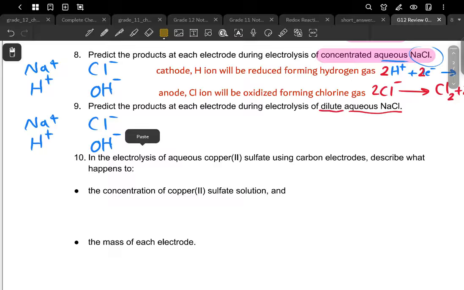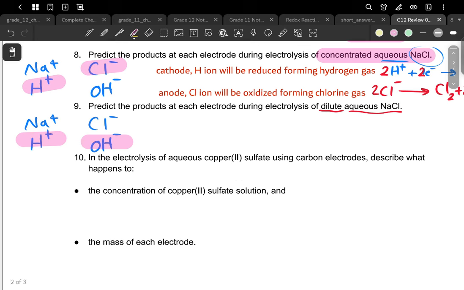So hydrogen ion will be reduced and the hydroxide ion will be oxidized, because there is no concentrated halide now. It's dilute, meaning there is more water. We have a higher concentration of water in the dilute solution.